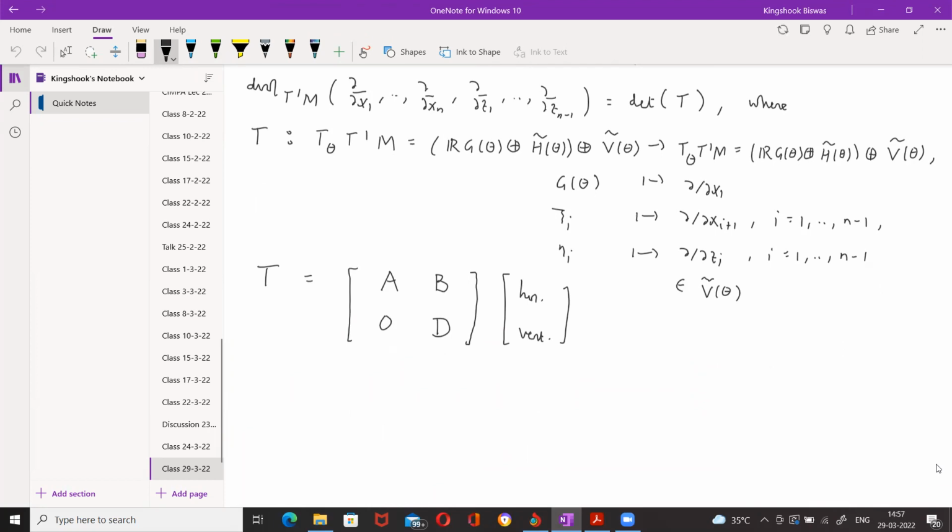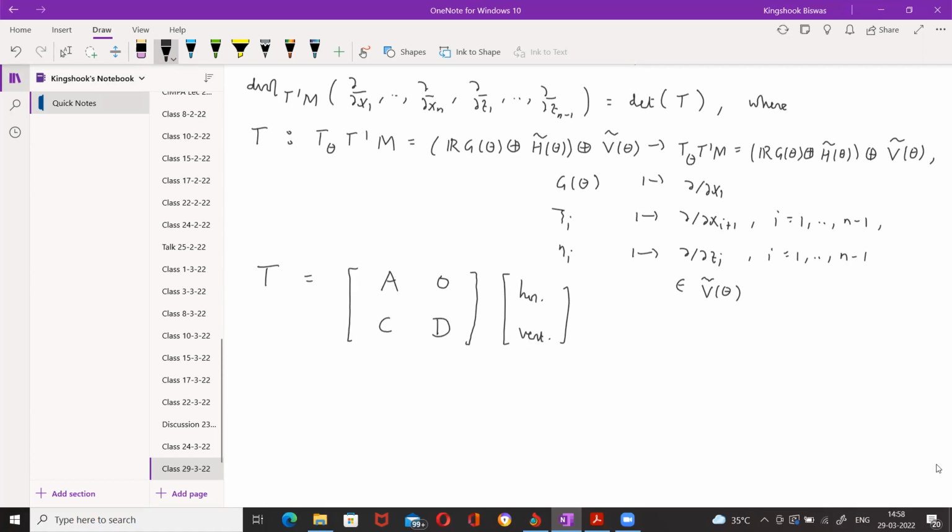So this acting on 0, V, what will this be? This will be A horizontal plus B vertical. Sorry, it should be the other way around. I think it should be A, 0, C, D. Then the lower one is vertical, so the previous one was okay.